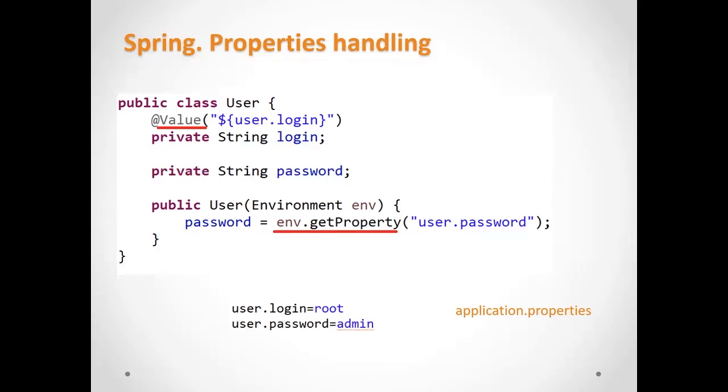However, it was not very suitable because if you use the Value annotation, you have to add a lot of fields only to initialize them via reflection. If you use Environment, it also was some kind of boilerplate.